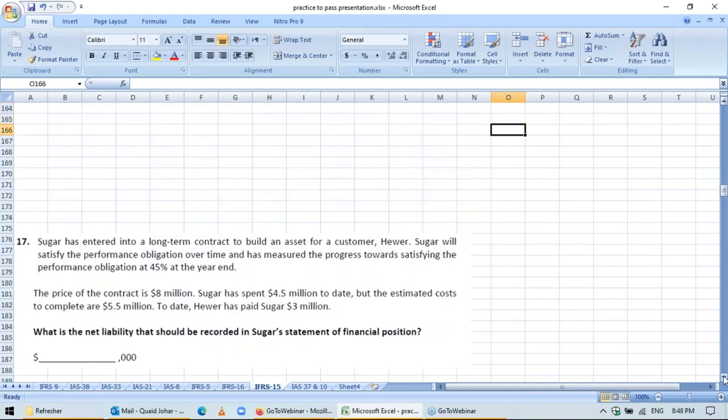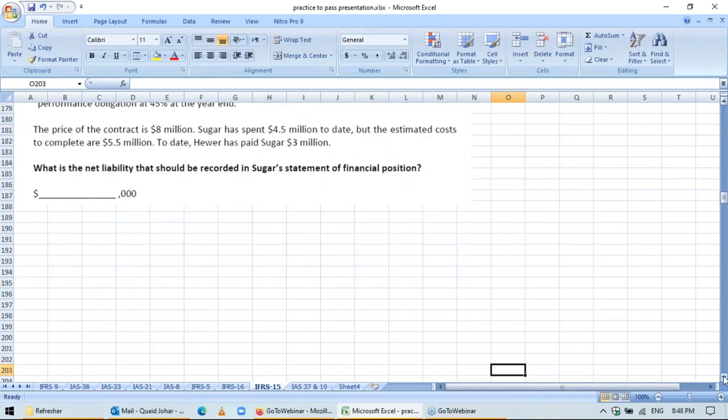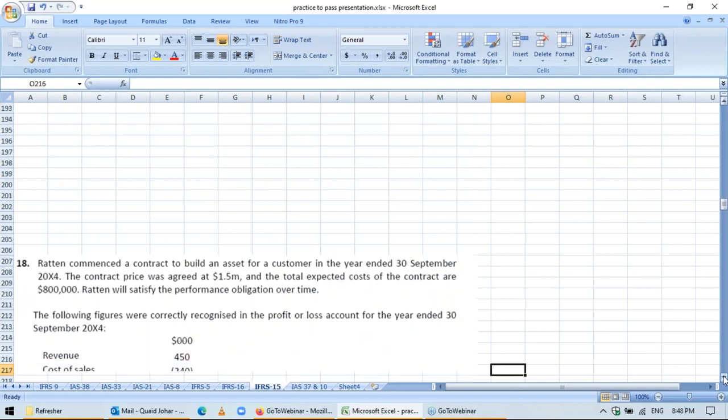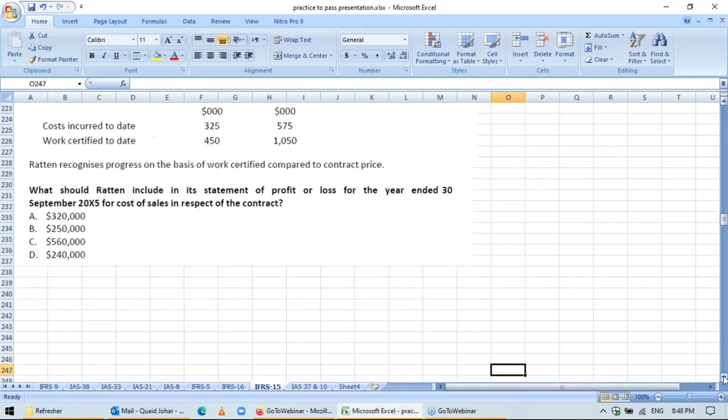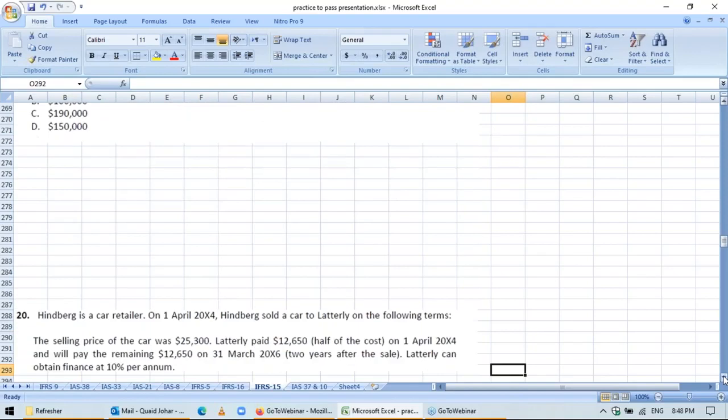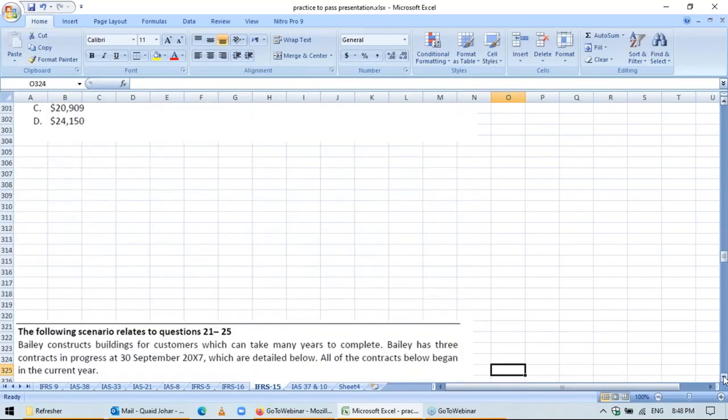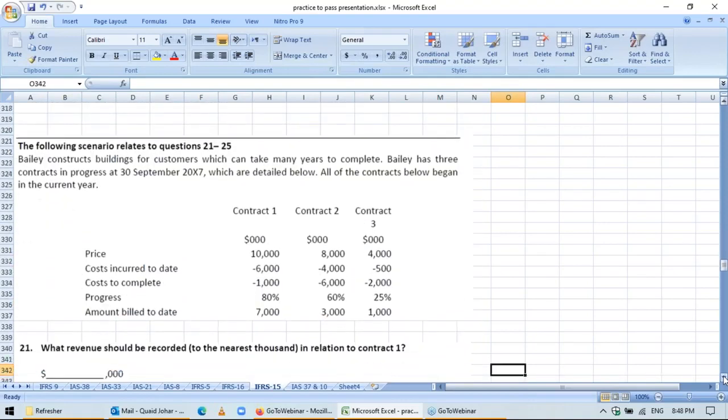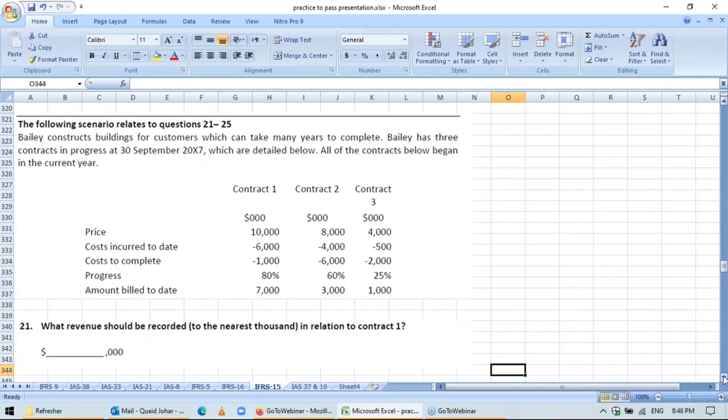So I'm moving on to another question, and that's a case, question 21 to 25. Let's do this one. This is the last question for today, and then we'll continue tomorrow.